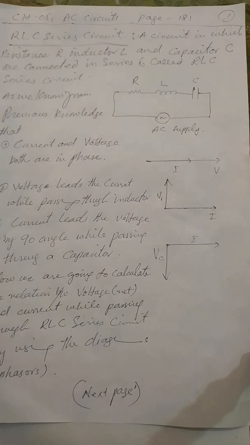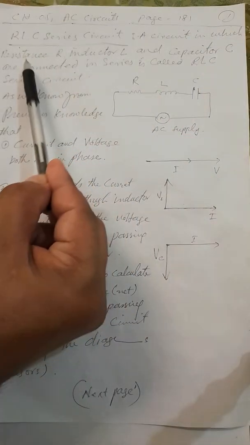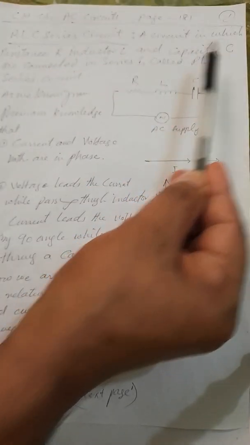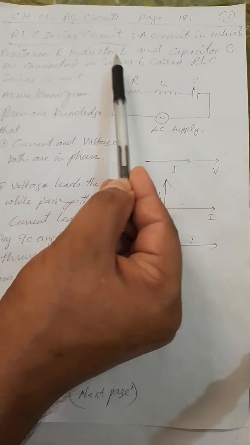Today we are going to discuss the topic RLC series circuit, chapter number 5, given on page number 181. Dear students, what is an RLC series circuit? An RLC series circuit is one in which the resistance R, inductor L and the capacitor C are connected in series.